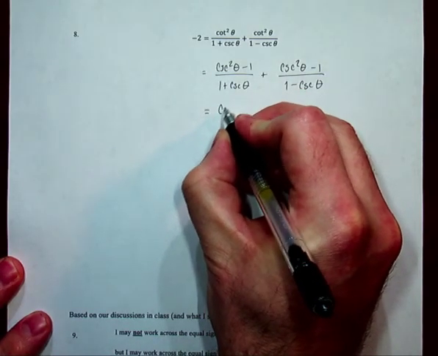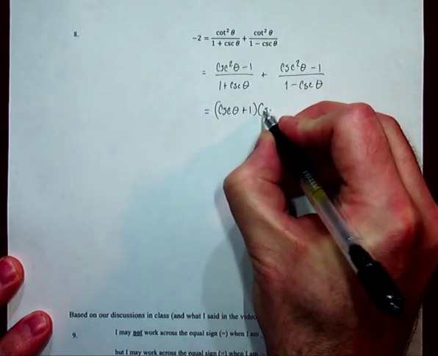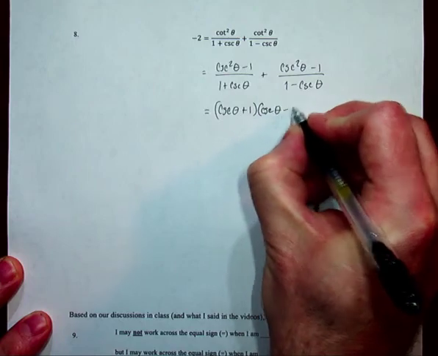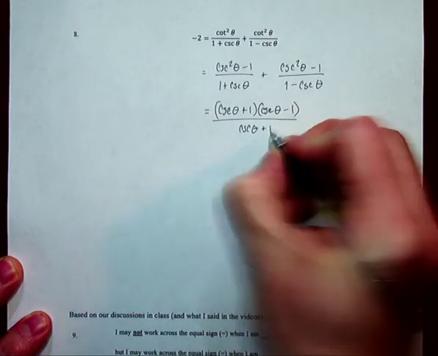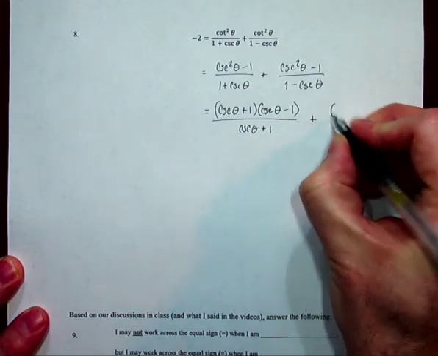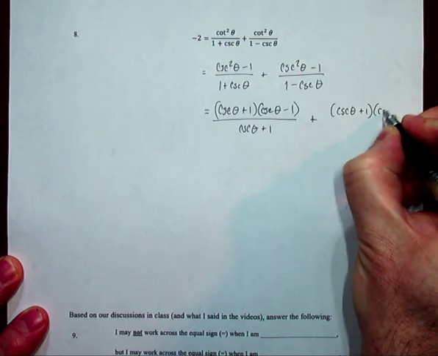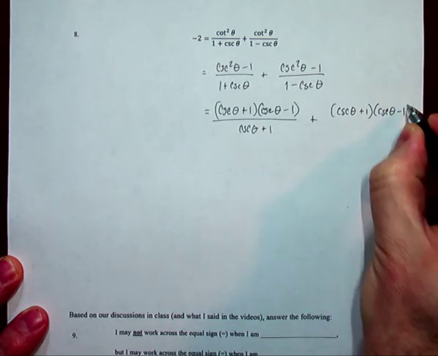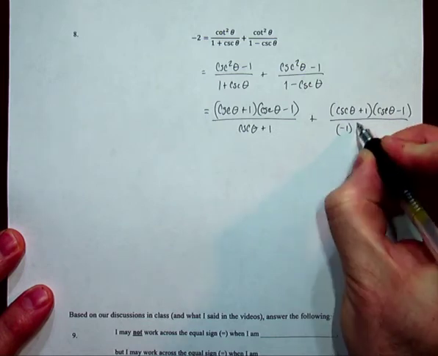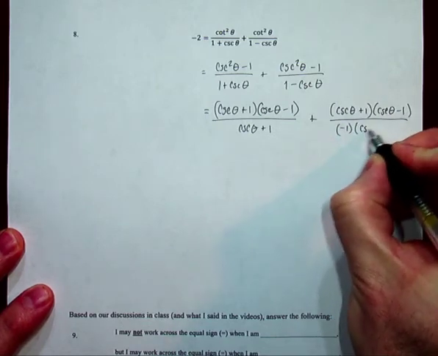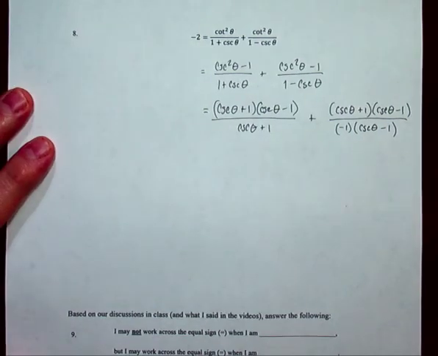This becomes cosecant theta plus 1, cosecant theta minus 1, all of that over cosecant theta plus 1, and this becomes cosecant theta plus 1 and cosecant theta minus 1. And I'm going to change the form of this denominator just by factoring out a negative 1 so that it mimics that factor in the numerator exactly.